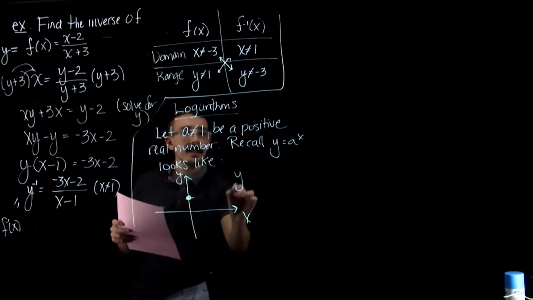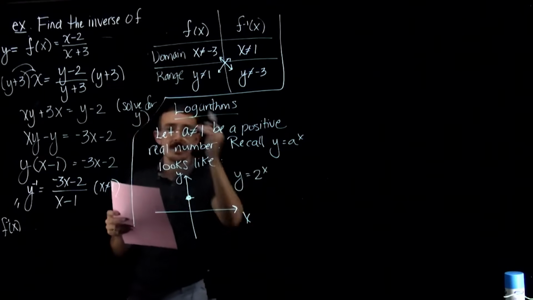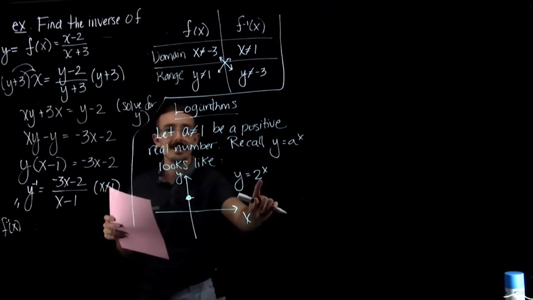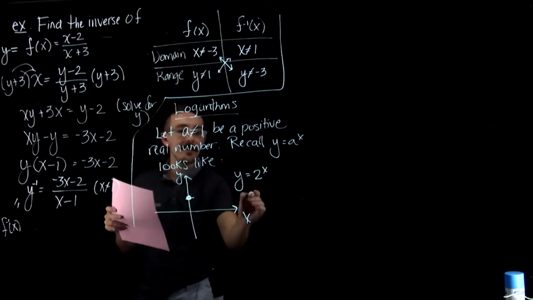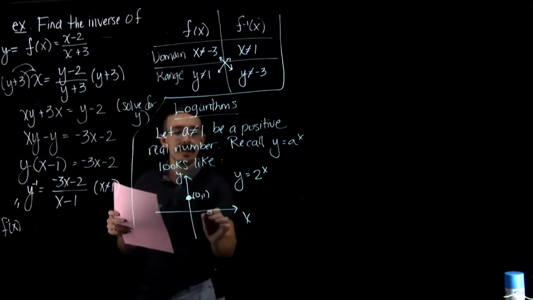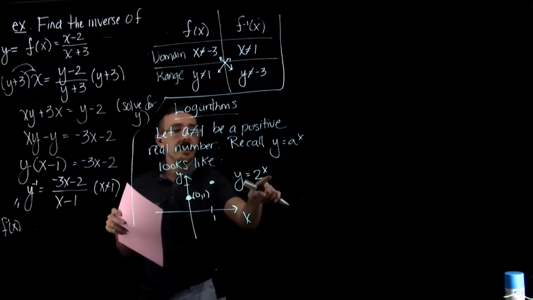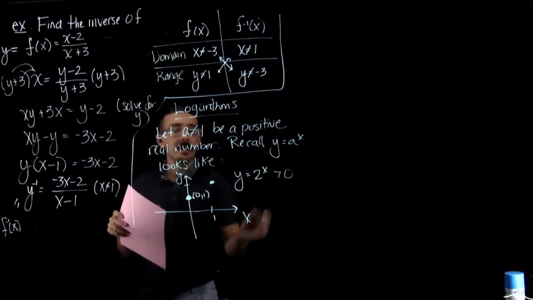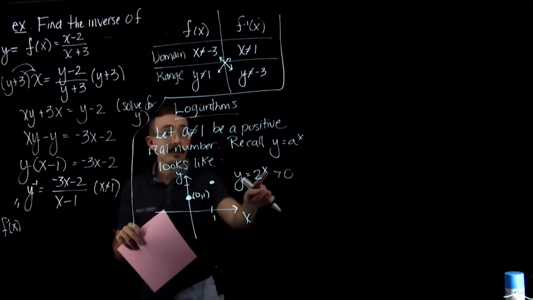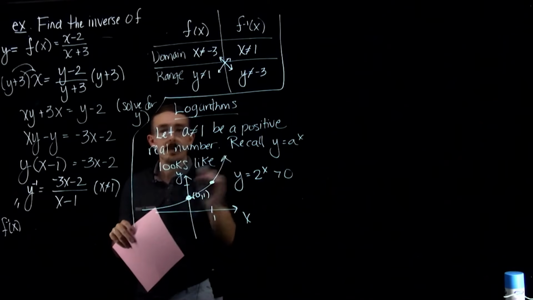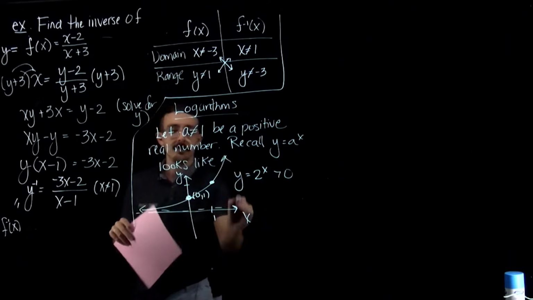And let's give my function an actual a value, just to avoid this situation here. So we're going to say 2 to the x. If you plug in 0, you get 1. If you plug in 1, for example, you get 2. And then this is always going to be larger than 0 for x a real number. So the graph looks like this. So hopefully you remembered that from last time.